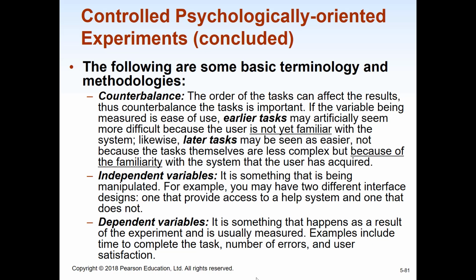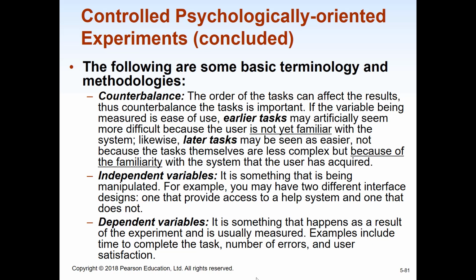We talked about independent variables and dependent variables. Let's just go through them again. Independent variables are something that is being manipulated. For example, you may have two different interfaces with two different designs, one that provides access to a help system and one that doesn't.